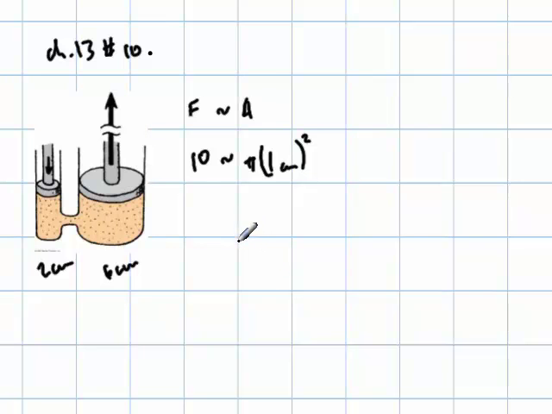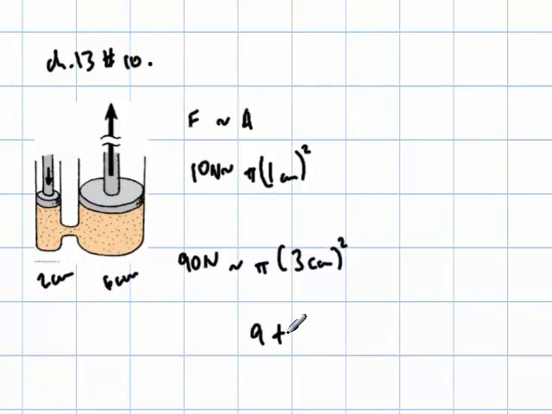And now we look at how much force we would get for an area of pi times 3 centimeters squared. Notice that the diameter is 3 times as much, but the area comes out to be 9 times as much because the radius is being squared, and so we come up with 90 newtons, and I should have written a newton there as well. So the answer is 9 times.